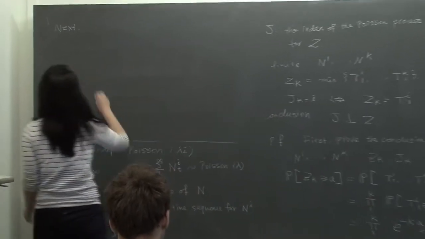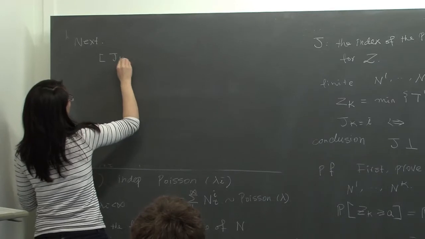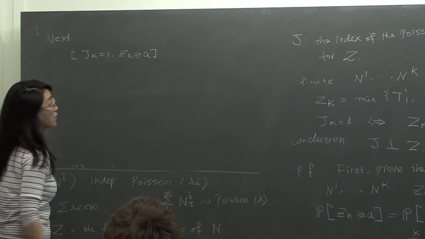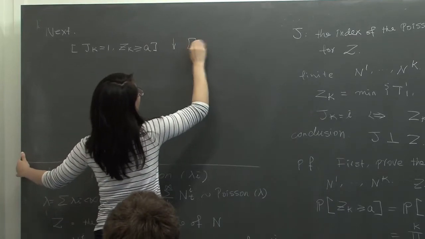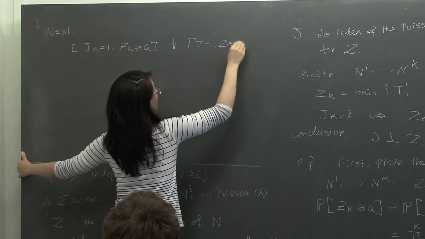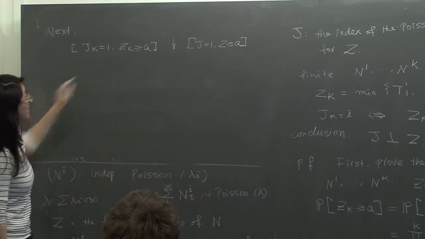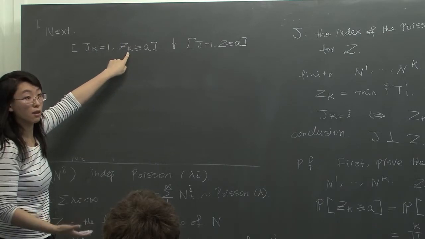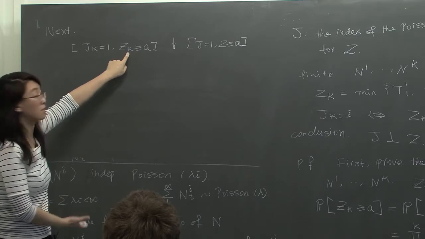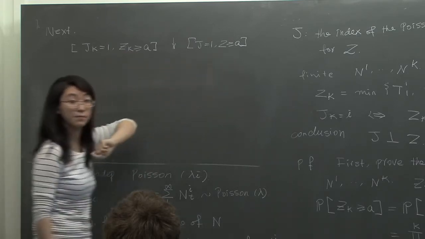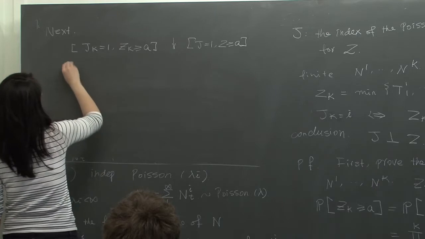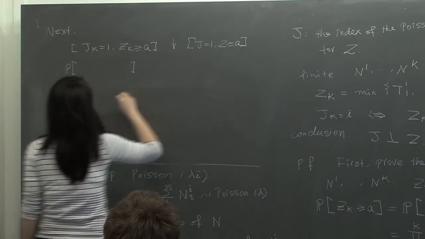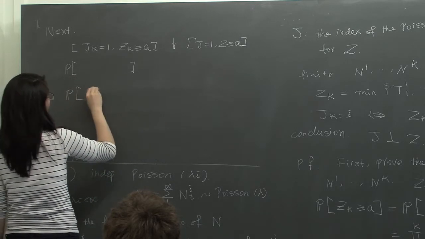What we know is that the event Jk equals 1, Zk greater than a decreases to the event J equals 1, Z greater than a. Because Zk is decreasing in k, since you have more and more processes, and of course the minimums get smaller and smaller. So this event is decreasing to this event. And then we know that the probability of the left-hand side is already calculated, so this tells us the probability of the right-hand side.